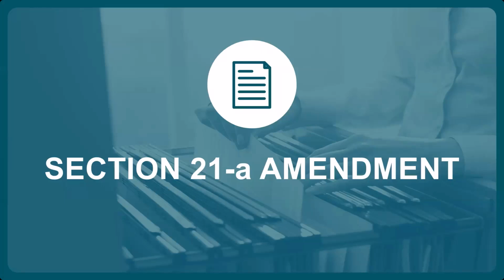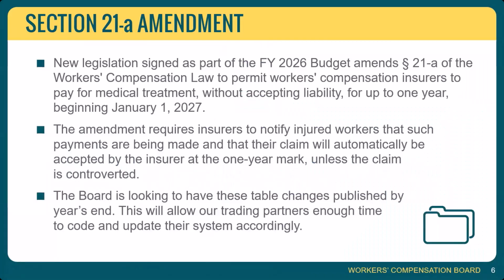Mike? Thank you, Tony. For those that follow the legislation, you may have noticed there was an announcement regarding Section 21A, signed into the budget this year for fiscal year 2026. They're making an amendment to Section 21A. It will now include your ability to pay medical treatment without accepting liability for up to 1 year.